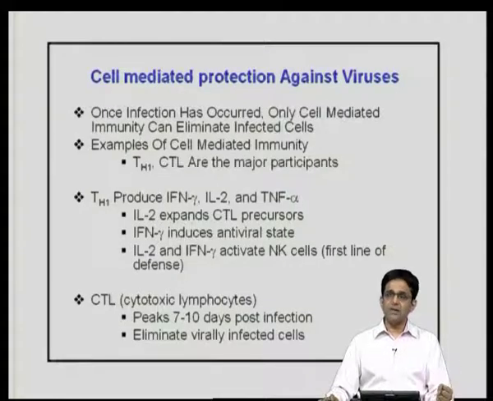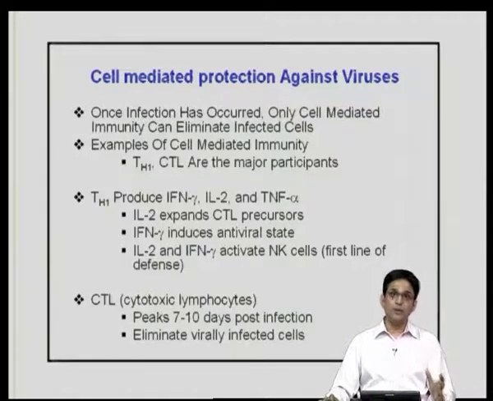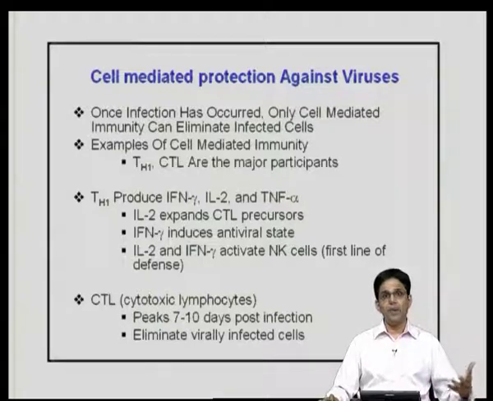Now you also have cell mediated protective mechanisms. One of the ones that was discussed is a good robust CD8 positive response, because the CD8 positive response will lyse the virally infected cells. In order to generate a good CD8 positive response, you also need CD4 help, so you need both.